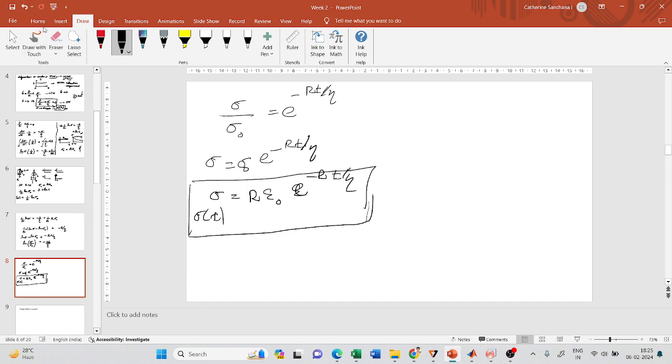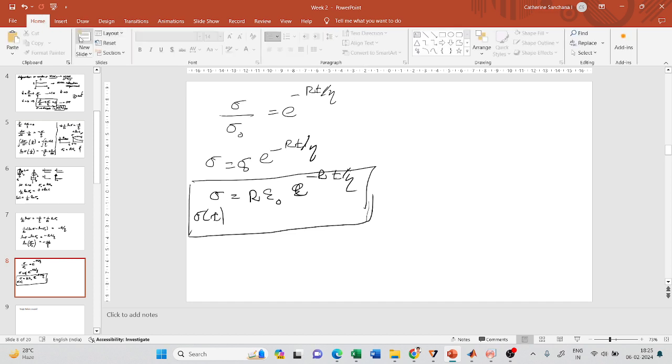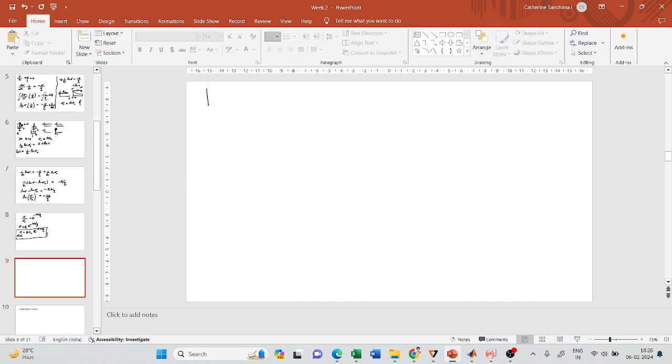Now, let us say I'm subjecting the material to a constant stress. Now what should I find out now? The response of the material will be strain. So I have to find out the variation of strain with time.